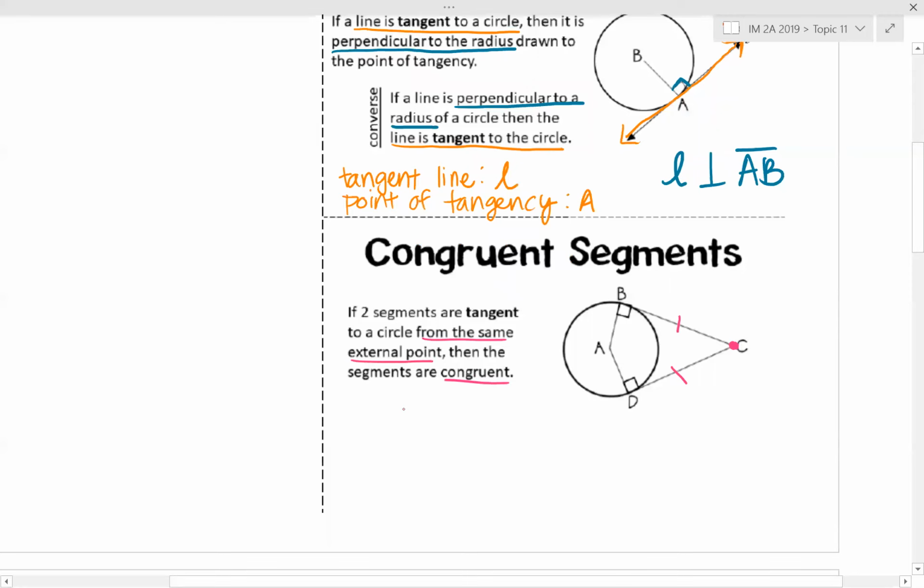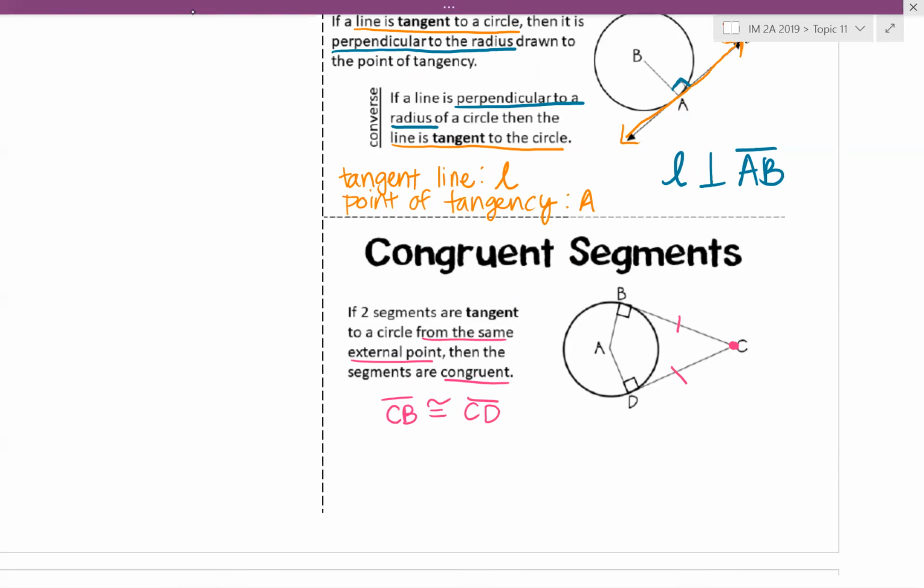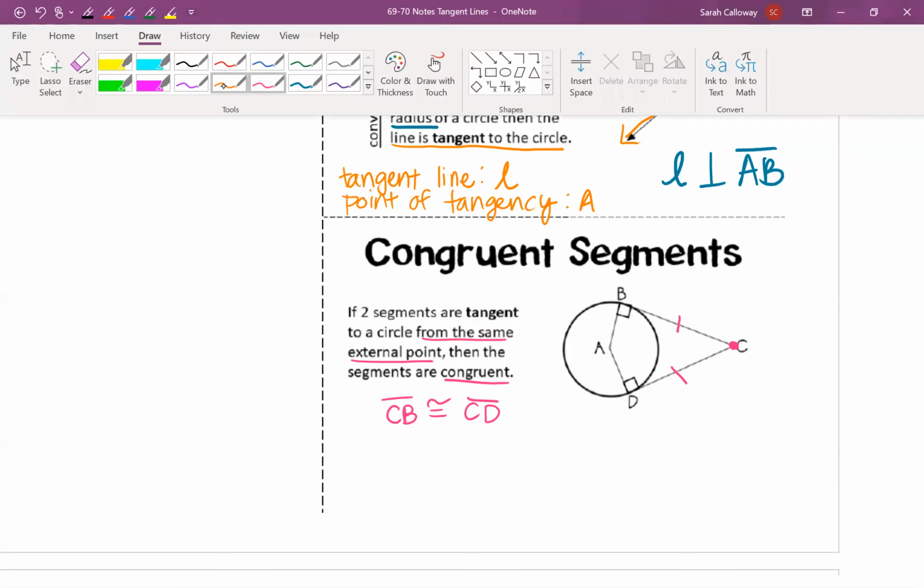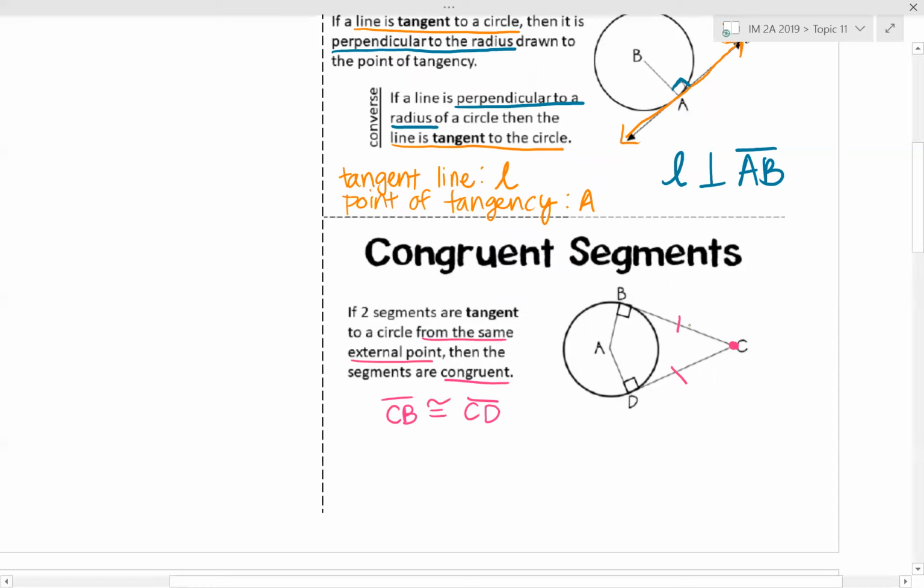So in this diagram, CB is congruent to CD. Our points of tangency occur at B and D, and we know that again because of the perpendicularity. So if I have that diagram, that means that those 2 segments are equal.